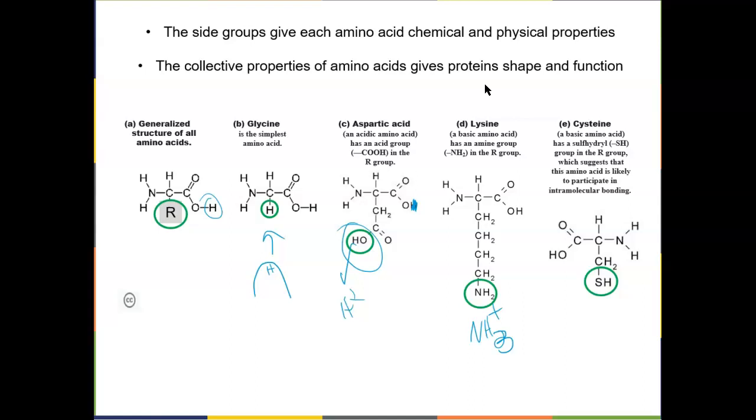And then cysteine here is really special. It has this sulfur group in it, which can form special bonds with other amino acids in the chain called disulfide bridges, which is important for the ultimate structure of a protein. And we'll get to that later if I have a picture of a good example of that.